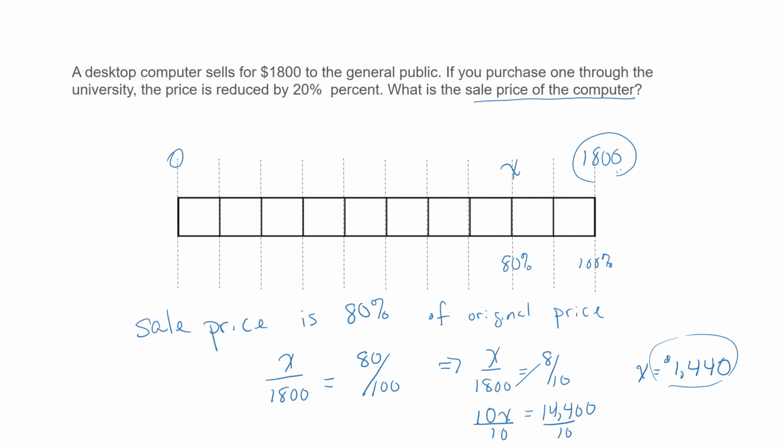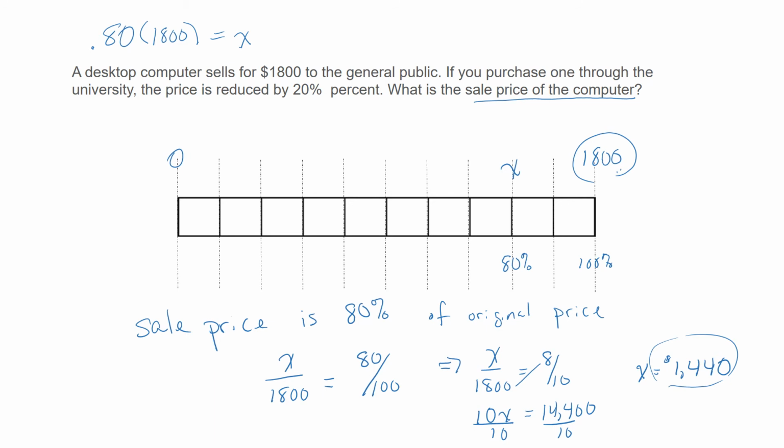You can solve this using an equation too. The equation would look like 80% of 1,800 is equal to what? Now, that's a shortened form of this equation. Sometimes in algebra, you look at it this way.